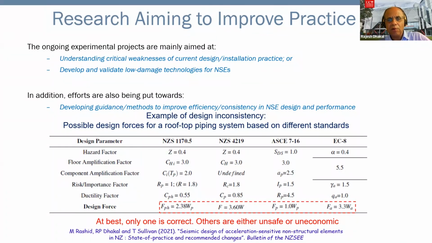This is an example of how different design standards provide you the design demand for the same acceleration sensitive components on the same floor of the same building in the same location. If you apply different standards, you will get different design forces, and they are quite substantially different. So not all of them can be right. This is mainly because there is no unanimity in the current state of knowledge, so it has to improve.